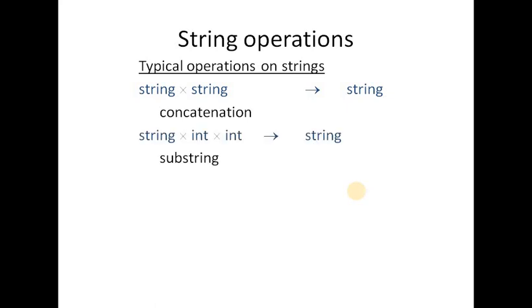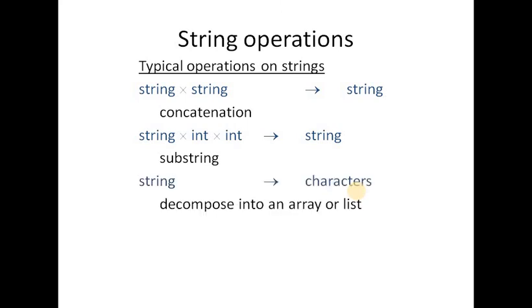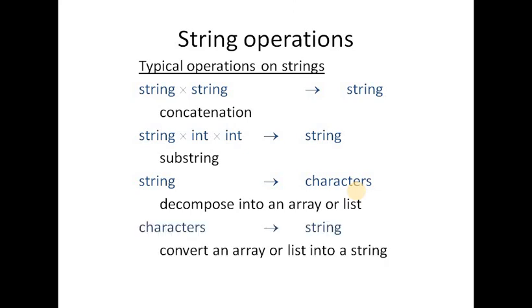So what are the operations? Sometimes operations can be defined. These are the string operations. Concatenation is defined on strings and produces a single string. Substring extraction is defined on the string. A string is decomposed into characters, into an array or list, and a conversion back can be done reversibly, converting an array or list into a string.